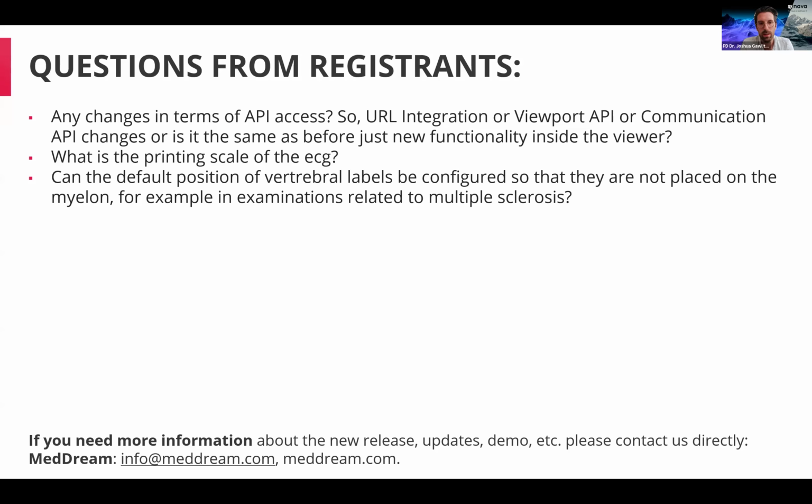Basically, what they want to know is that you are not blocking the view of the myelon, where you see, for example, the problems in multiple sclerosis, because you need to see the T2 hyperintense spots. I'm just trying to open another study for you and show it.